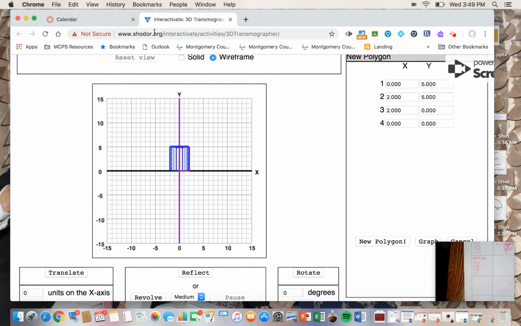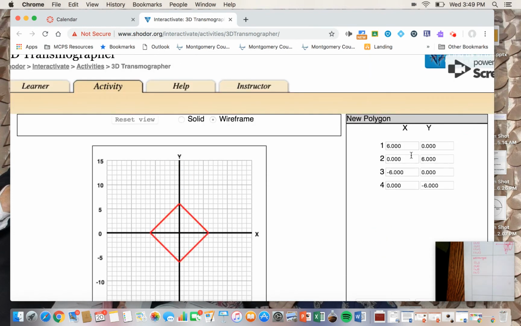I'm going to go back here and say new polygon. It still has 4 vertices. Go. So we've got 3, 1, 3, 8, 6, 8, 6, 1.